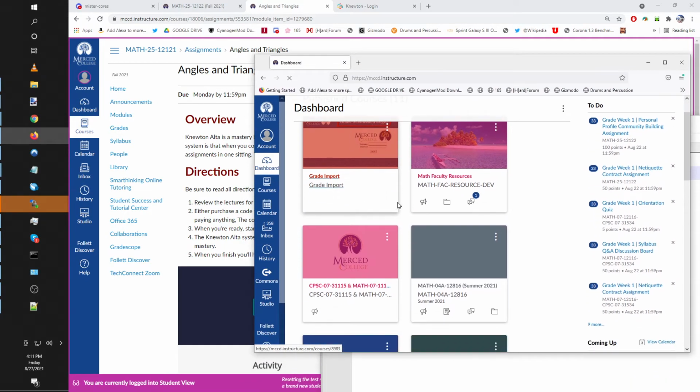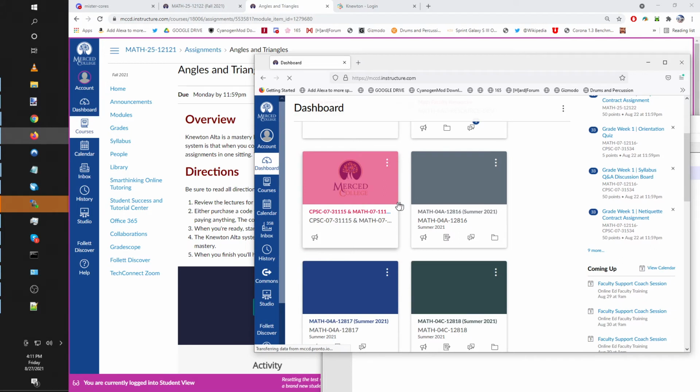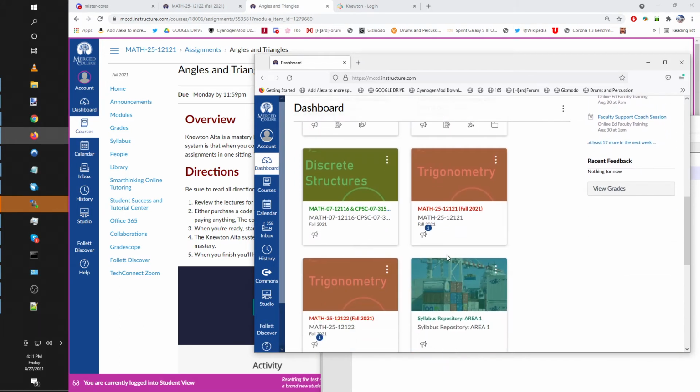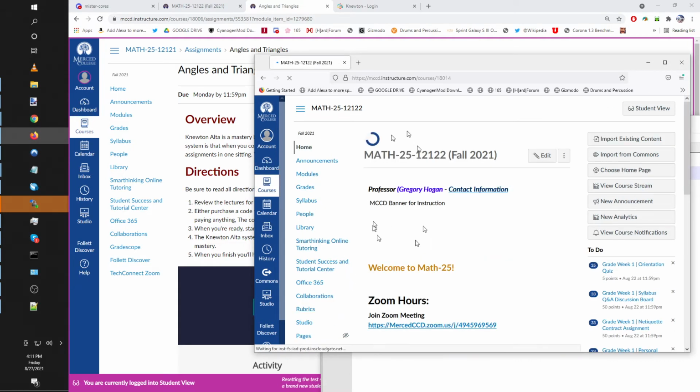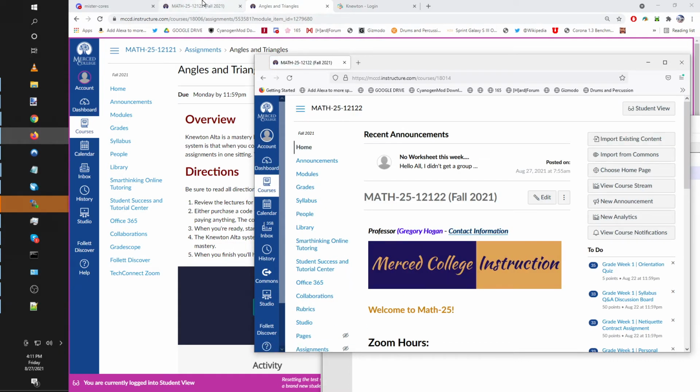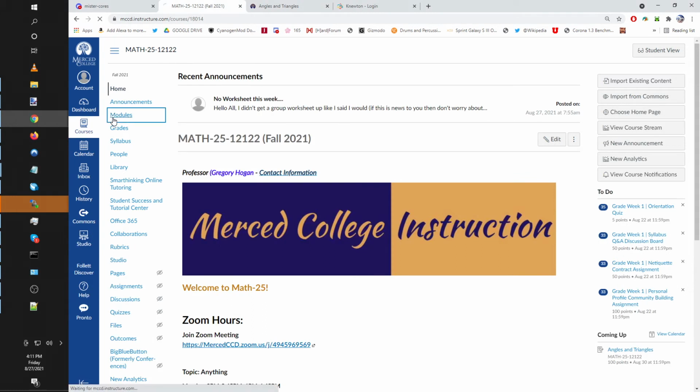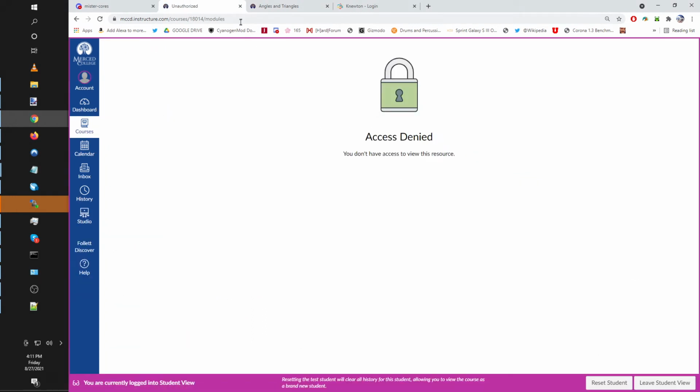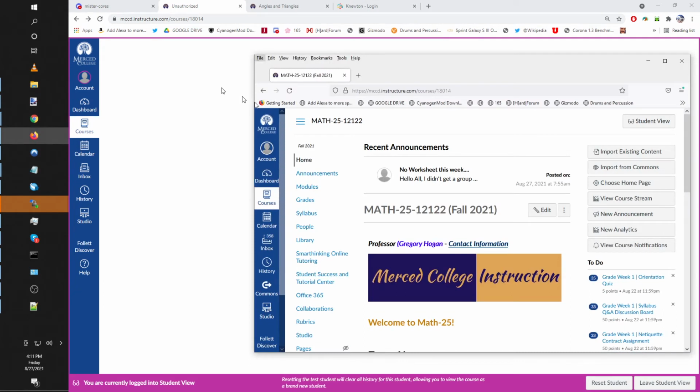So this is logged in on a different browser. I can go to this other class here and I can still access it. Whereas if I try to access anything over here, I get access denied for this class, which is the 122.